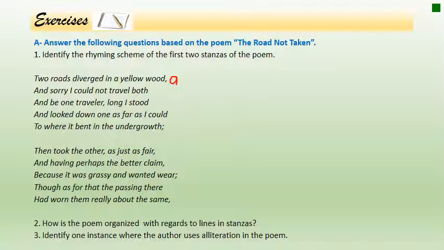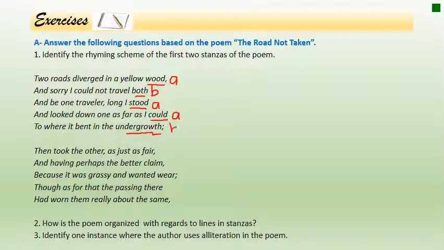And sorry I could not travel both. And be one traveler long I stood, just like wood. And look down one as far as I could, to where it bent in the undergrowth.